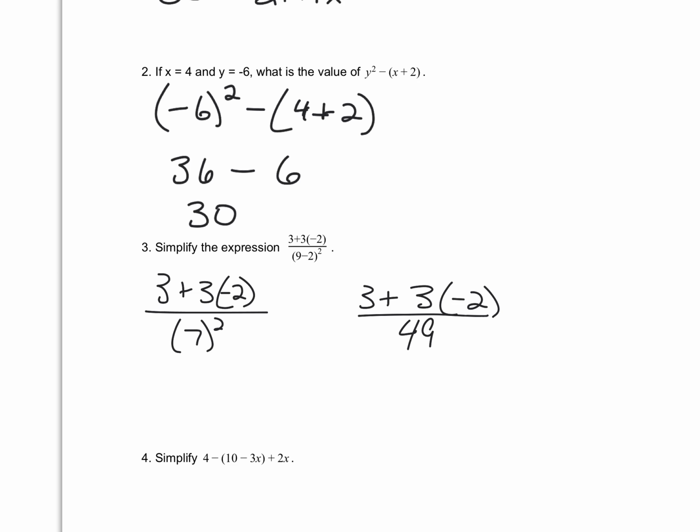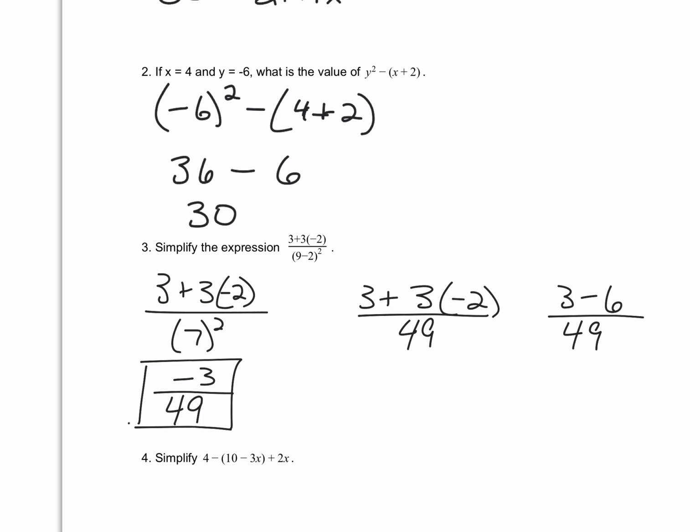Then I see multiplication, 3 minus 6 over 49. Now we need to take care of the top of the fraction first, so negative 3 over 49. And then we can't simplify that any further, so we'll just leave it as a fraction, negative 3 over 49.